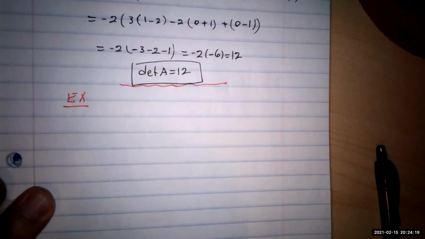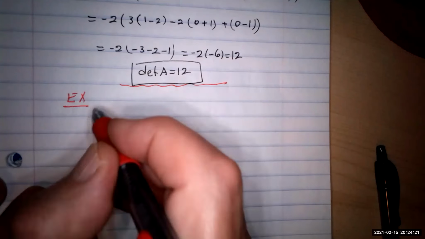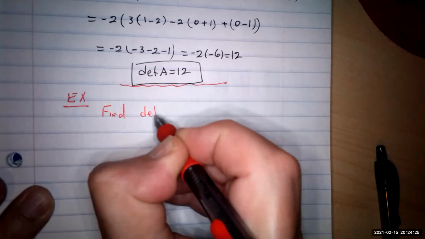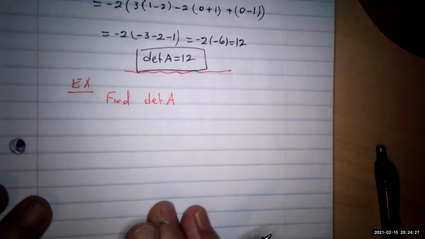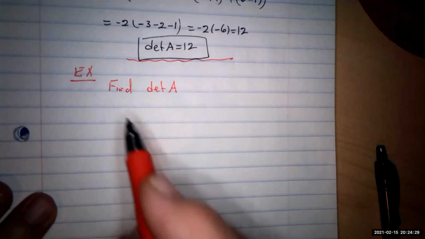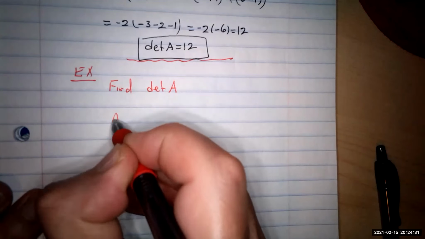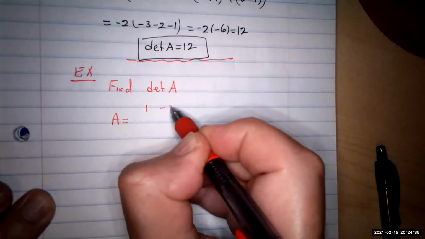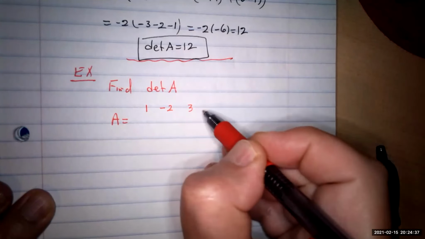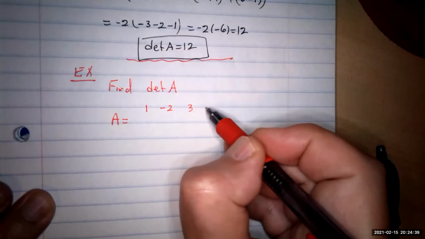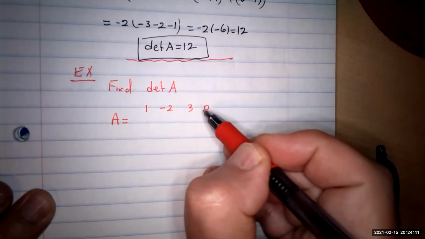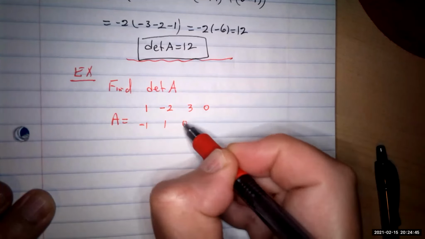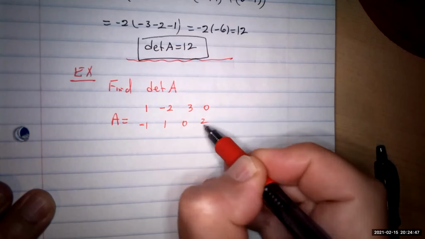So again, we want to find the determinant of this matrix. Okay, find the det of A. What is this matrix? It's a 4 by 4. So you have 1, negative 2, 3, 0, 0, and then you have a negative 1, 1, 0, and you have 2.